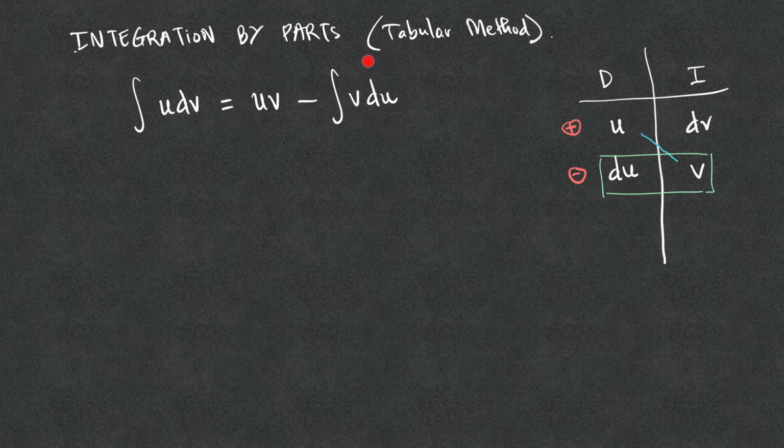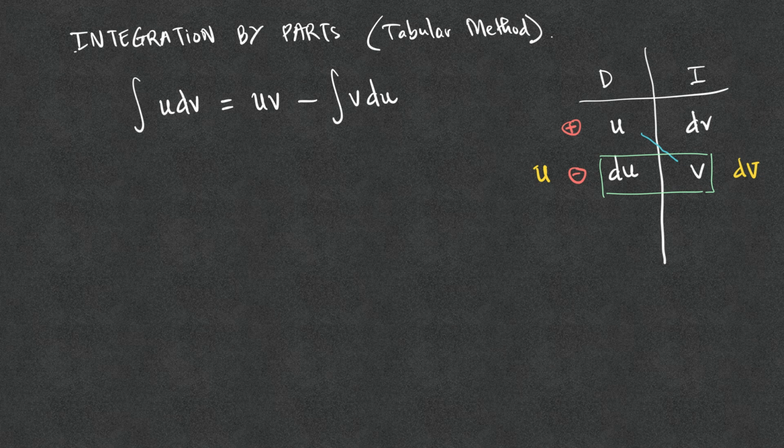If this integral in the second term can be evaluated using integration by parts, then we can use the same method. This time, let's reset this and call du uppercase U and v uppercase dV.